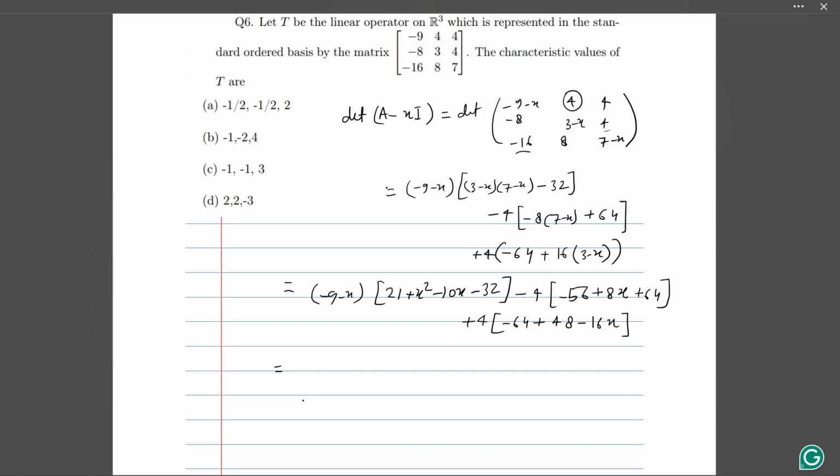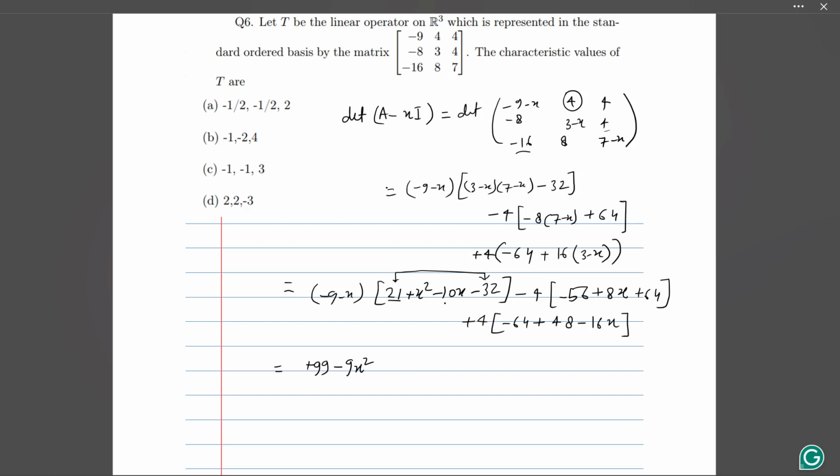Okay, next line. Multiply this. What is inside? Take this together, so this is minus 11, and with 9 it will become plus 99. Minus 9 multiplied by x squared will become minus 9x squared.